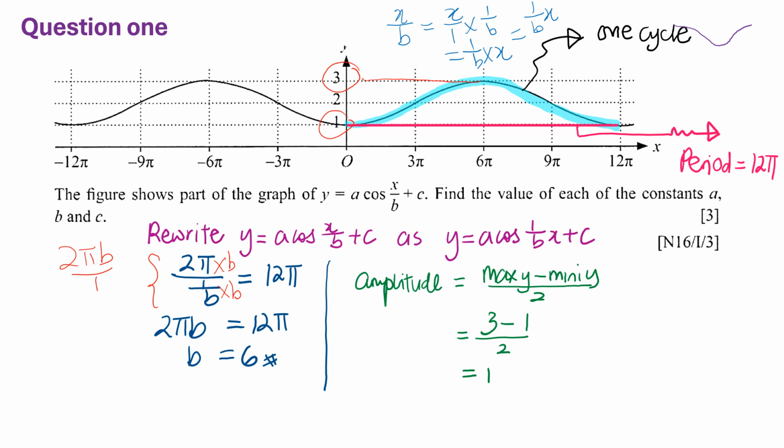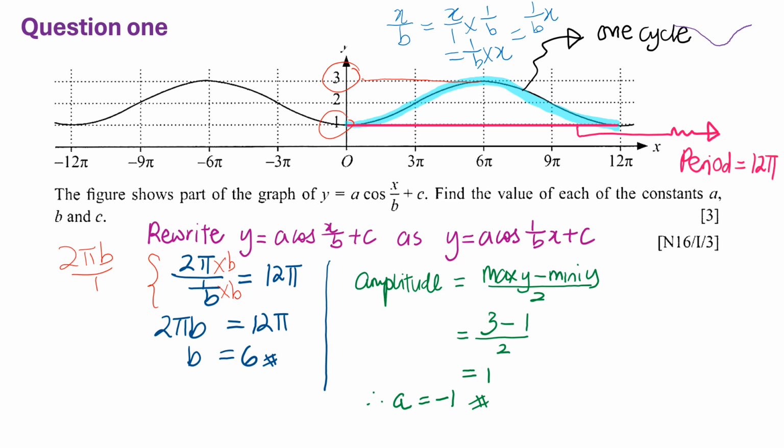But the amplitude doesn't represent the value of a. Because this is an inverted curve, a is equal to negative 1. Amplitude is always positive because amplitude refers to the height of the curve.